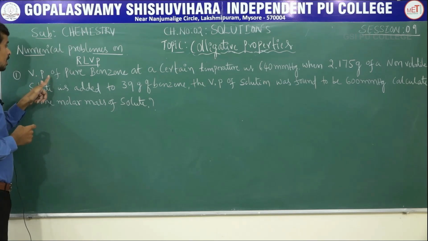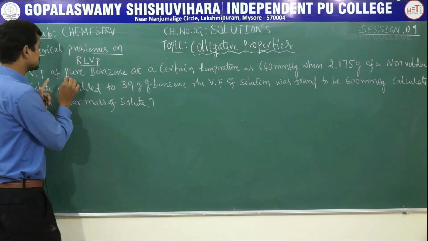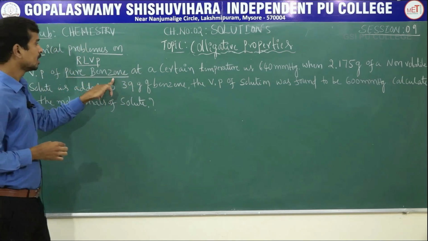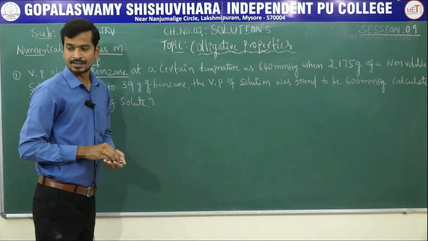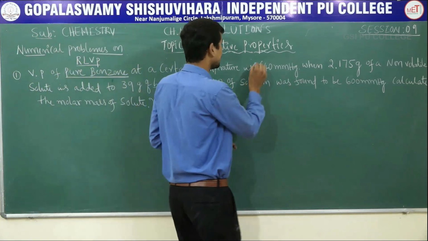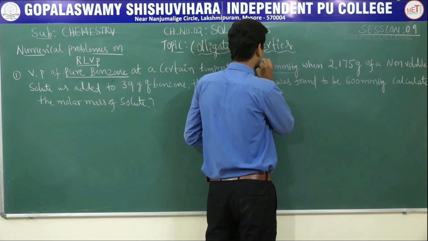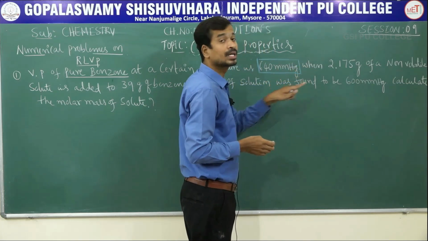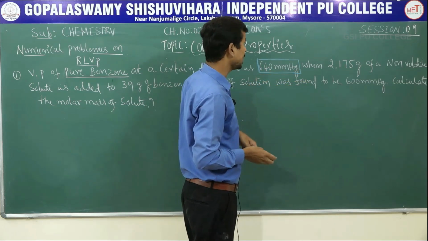The vapor pressure of pure benzene at a certain temperature is 640 mm, that is millimeter of mercury, 640 mmHg.